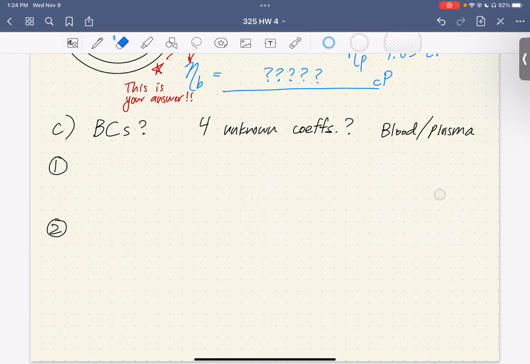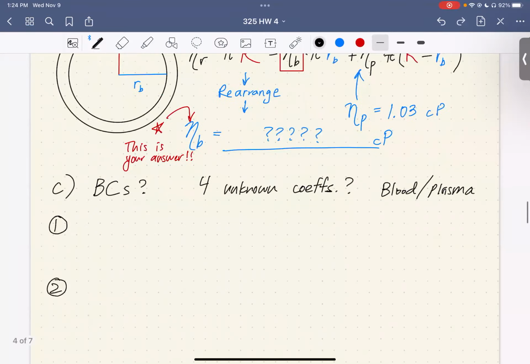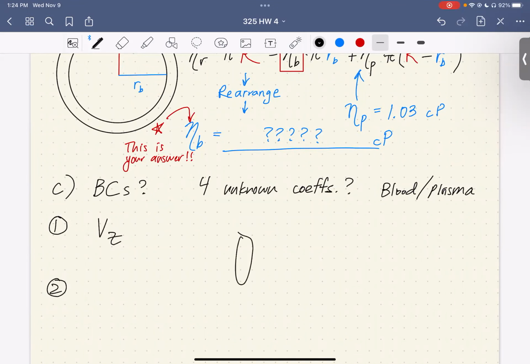We can also look at the image above as an example, but we know that the velocity when the radius is at R, all around the outside here, is 0. So we know that the velocity in the Z direction is 0.